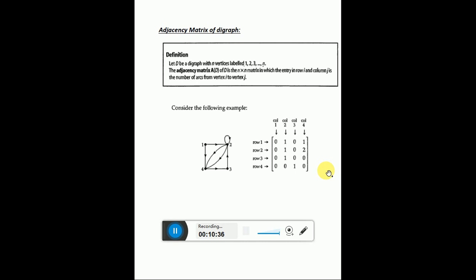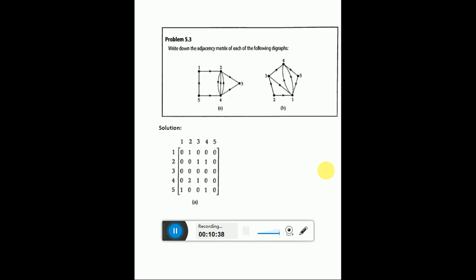Now we have another example, the adjacency matrix of each of the following diagrams. Now we choose the first diagram and convert it into a matrix. So we can easily see that 1 is joined with only vertex 2.